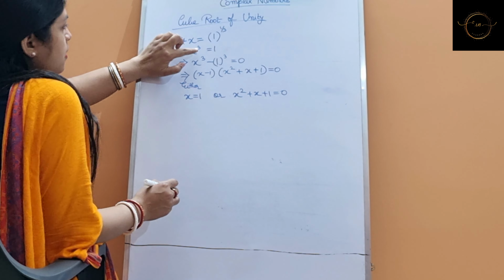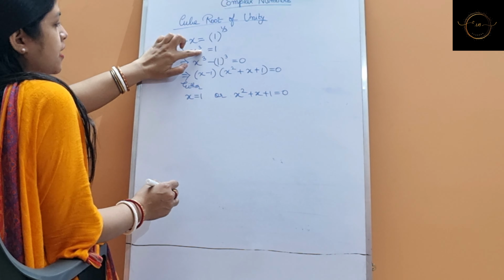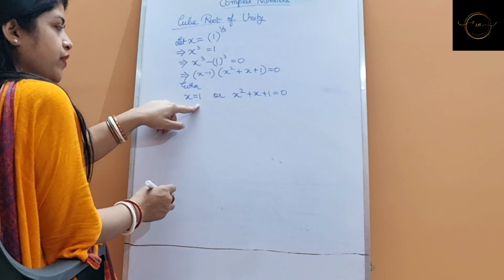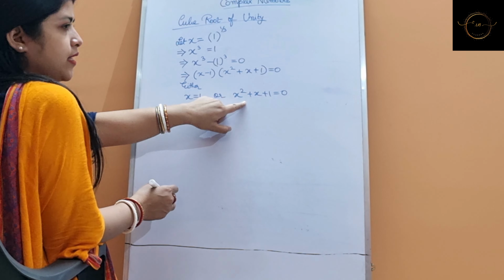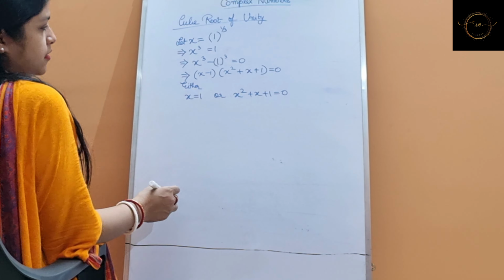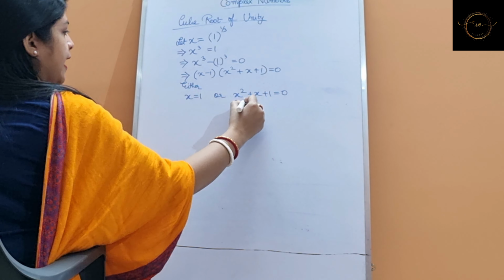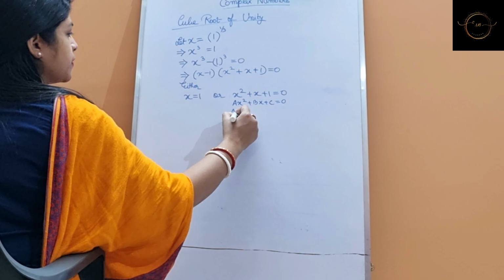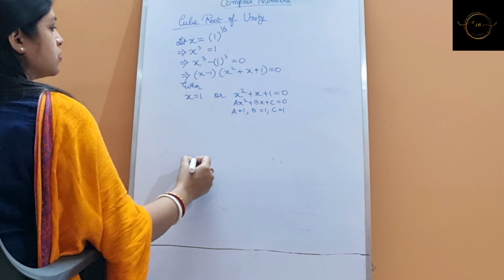Because the highest power in this equation is 3, we can understand that there have to be 3 values of x. One of the values we have already found. This is a quadratic equation, so from here we will get 2 values, and in total 3 values. It is of the form ax square plus bx plus c is equal to 0, where a is 1, b is 1 and c is also 1.